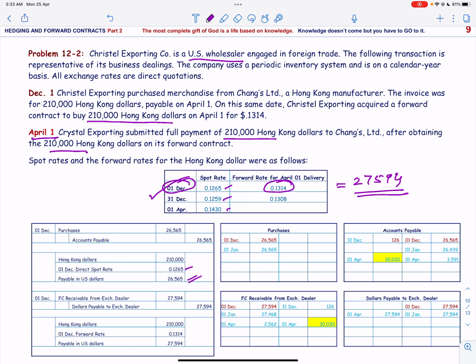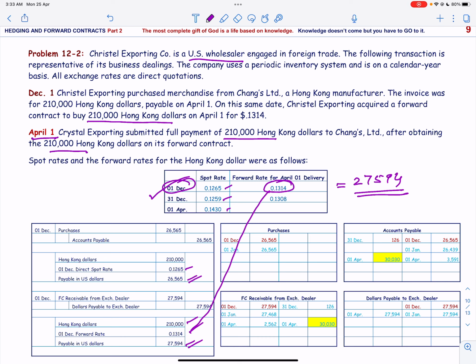Now, the Hong Kong dollars payable are 210,000. The forward rate is 0.1314. So the amount payable is 27,594. So we debit forward contract receivable, foreign currency receivable from exchange dealer, which is an asset, and credit the dollars payable to the exchange dealer, 27,594.